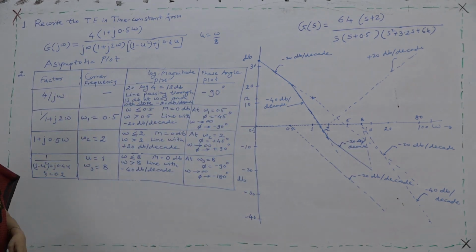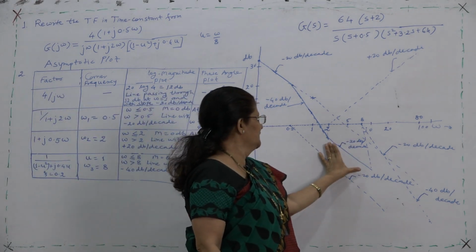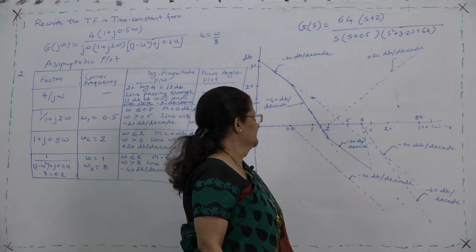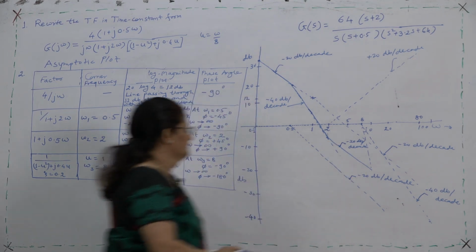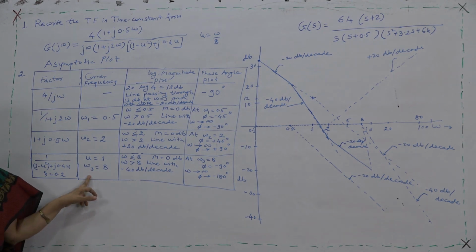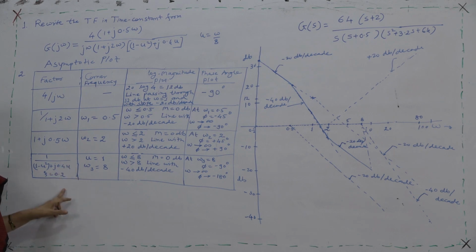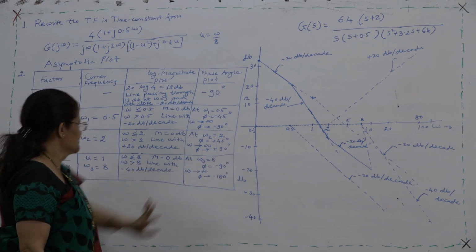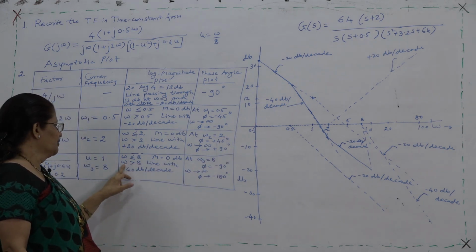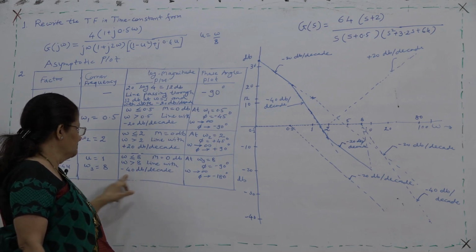So, the slope of the line will change. This line parallel to minus 20 dB you can draw here till 8, because next corner frequency is 8. From 8 this factor will contribute. What is its contribution? Till 8 it is 0 dB. So, that we have considered. For omega greater than 8, it will contribute minus 40 dB per decade.